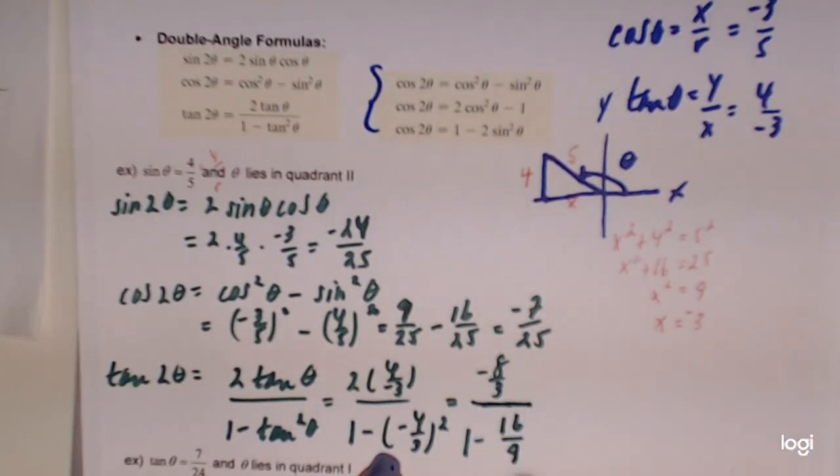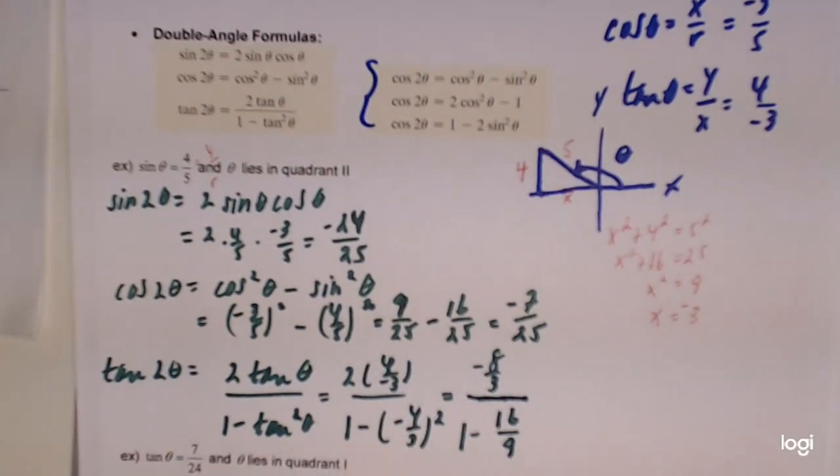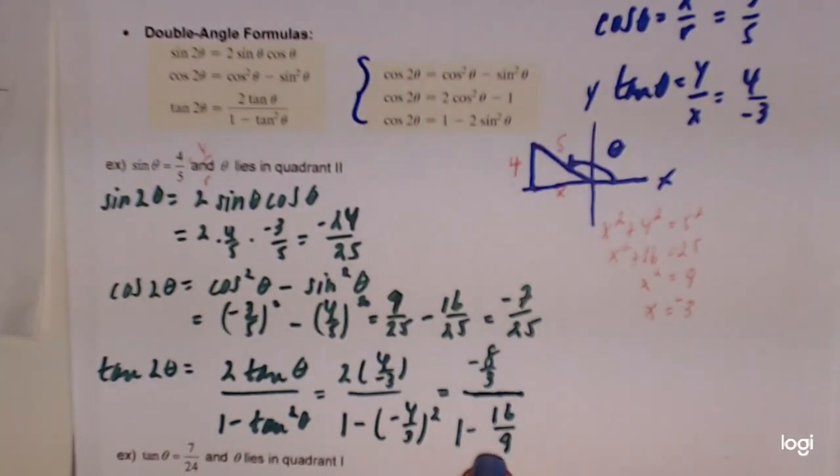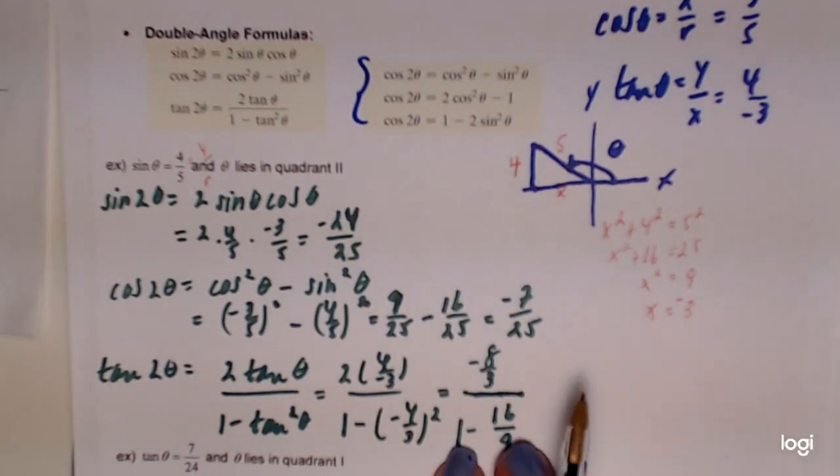So this here is the answer to our tan of 2 theta. This is where the trigonometry ends. Now from here, we're going to be cleaning this up, and this is algebra. So this is the trig, and up to here is the trig.